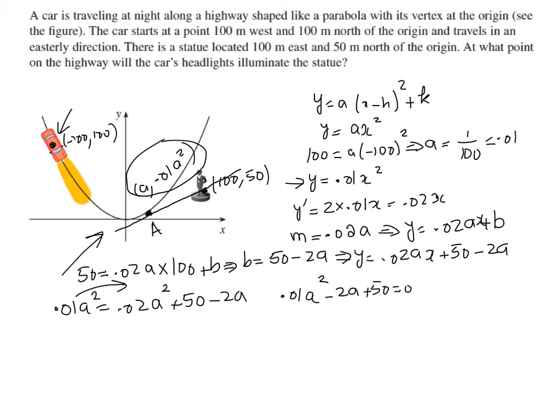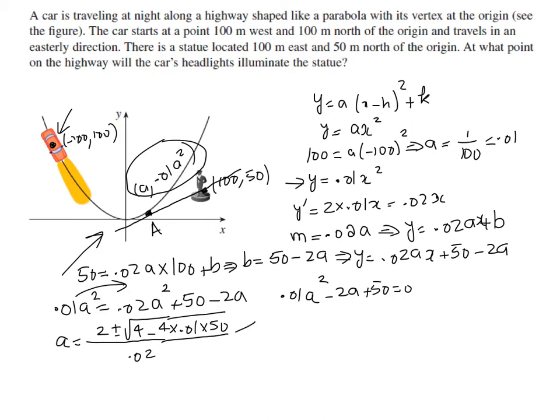Now this is a quadratic equation, and I'm going to use the quadratic formula to solve this one. So a becomes minus b, which is 2, plus or minus the square root of b squared, which is 4, minus 4ac, so 4 times 0.01 times 50, divided by 2a, 2 times 0.01 is 0.02.